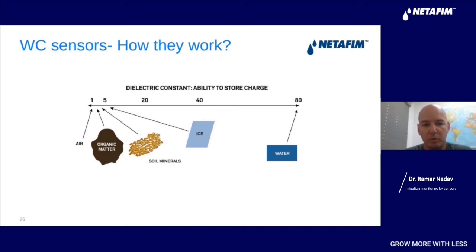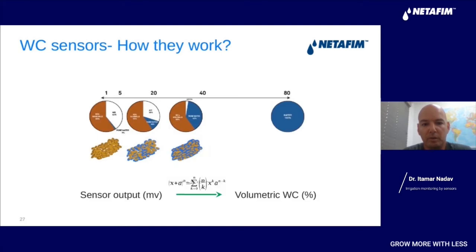So how do those sensors actually work? They work on the principle of the dielectric constant, and air and soil are not able to store any charge, but water does. And for that, if we place a sensor in dry soil, it won't show any response.